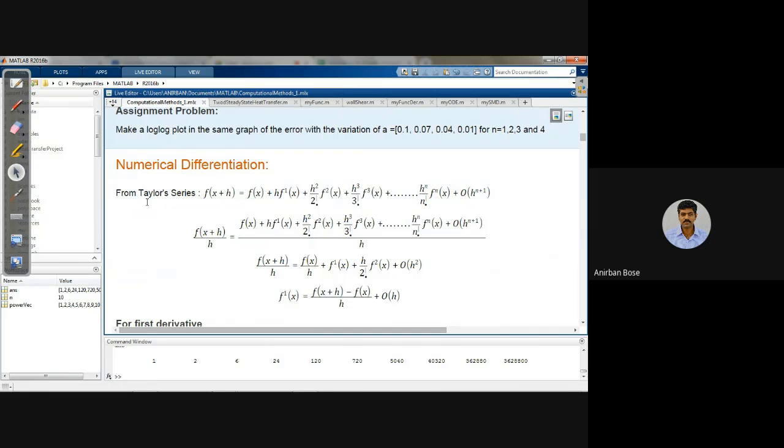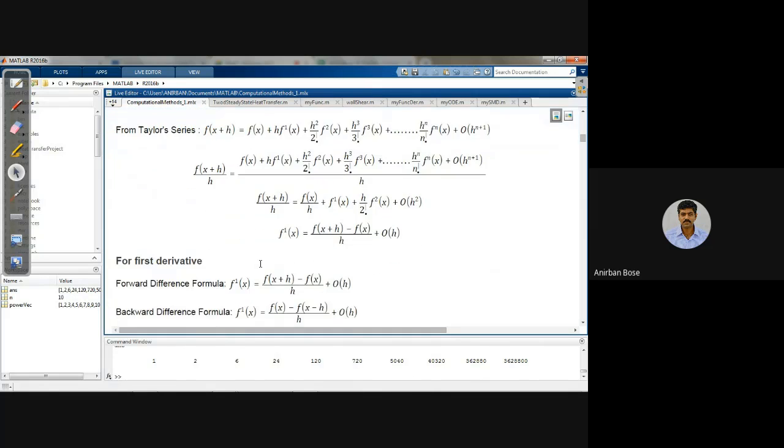Okay, so again you know that this is the Taylor series, and from the Taylor series we can define f dash x, the first order derivative, that can be written as f of x plus h minus f of x by h plus the order of the error term.